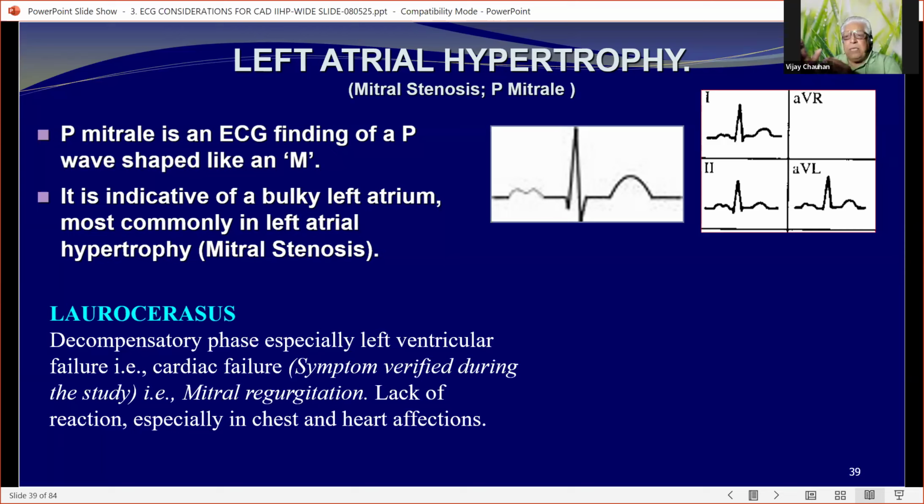Chest lead also will be depicting it. But then apart from other leads, we have more important leads, lead 1, lead 2, and lead AVL. These three leads are very, very important to pinpoint P mitral.